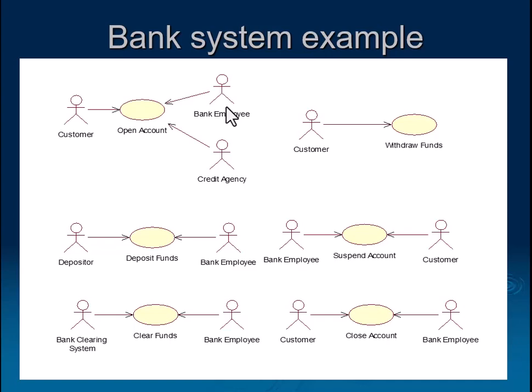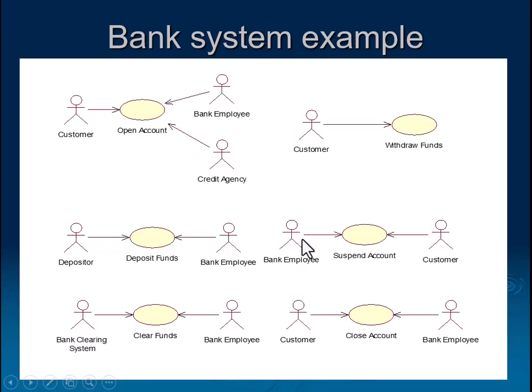The third one is the credit agency. Customer withdraw funds. Depositor: if you want to deposit money in a bank, the depositor comes to the bank and interacts with the deposit funds feature via the bank employee.